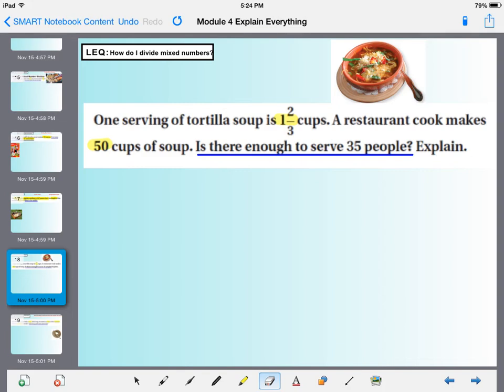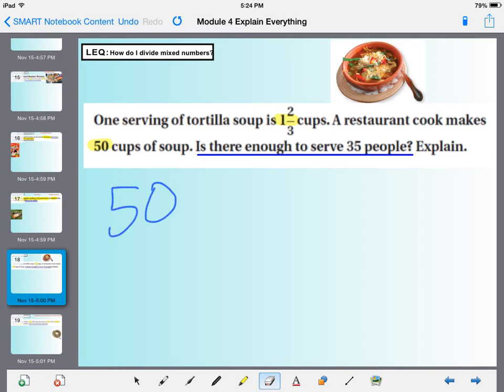Now, the question is telling me the cook makes 50 cups of soup. We know that each serving is 1 2/3 cups, and we want to know if we can serve 35 people with this serving size and this amount of soup. So the total amount that was made by the restaurant cook was 50 cups of soup.